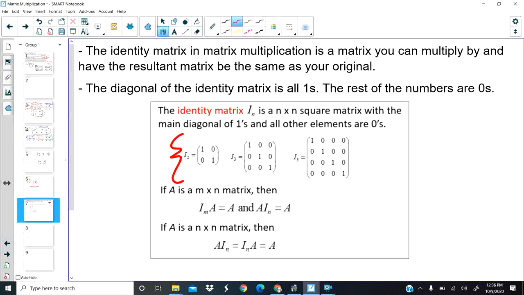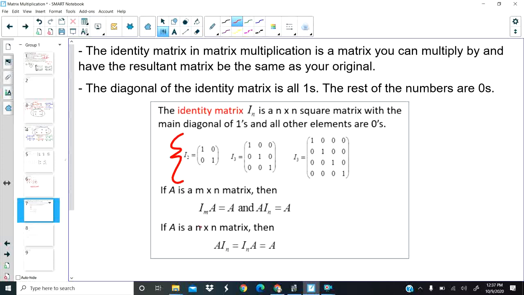So then there's another note down here that if A is an m by n, so if it has m rows and n columns, then the identity matrix, depending on where you're multiplying the identity first and your original matrix second, or your original first and the identity second, then if you're doing the identity first, it needs to have the same number of rows as your original.